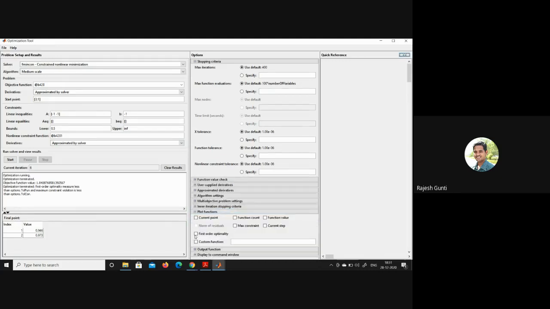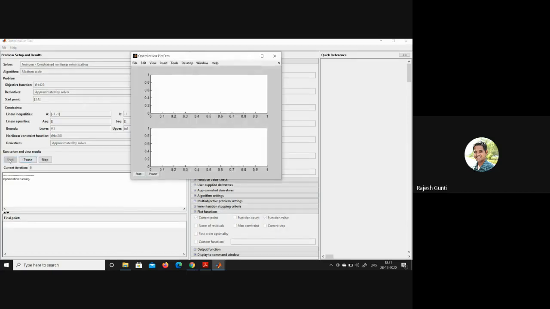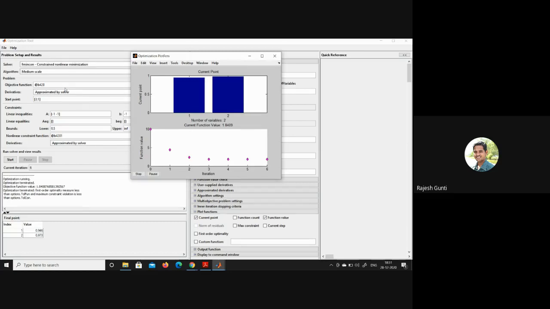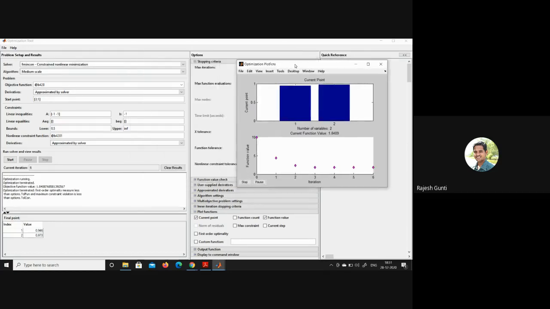Actually, here some plotting functions are there. Plot functions, like if you give current point and function value, and clear results and start, what will happen? This type of diagrams we have seen. This is the current point values x1 and x2 value. These are the iteration values.